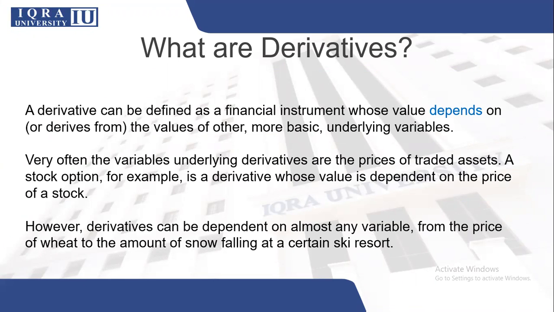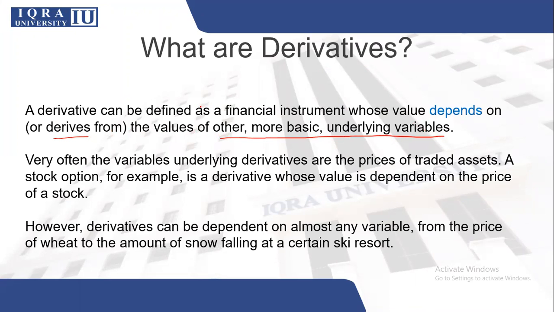A derivative can be defined as a financial instrument whose value depends upon or derives from the value of other more basic underlying variables. So a derivative, as the word suggests, derives its value from other more basic underlying variables, which means that the financial instrument in itself does not have value.